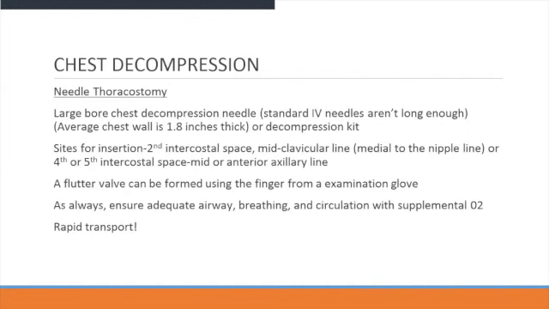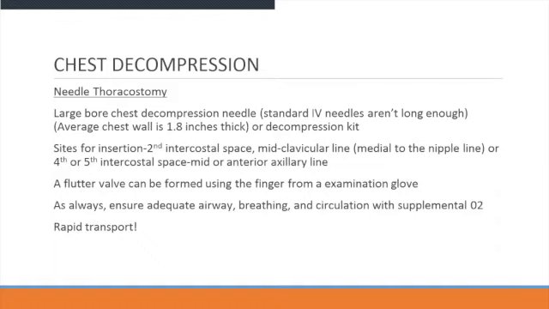So what you're going to do is take a large bore chest decompression needle. Standard IV needles aren't long enough. The average chest wall is about 1.8 inches thick. For decompression kits, a lot of times services will order the 14 gauge needles with a 3-inch catheter.